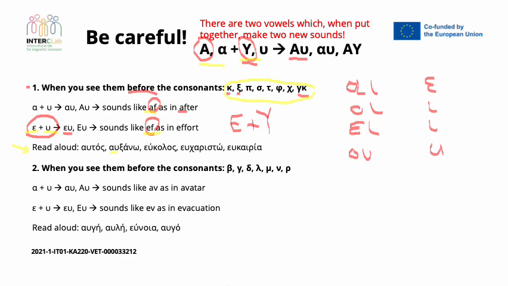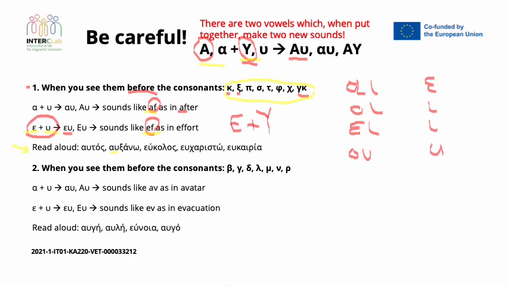Now, the same combination of vowels changes how it sounds depending on the other cluster of consonants that it might come before. As we said before, when a and e, and e and e, are before these consonants, they sound like af and ef.